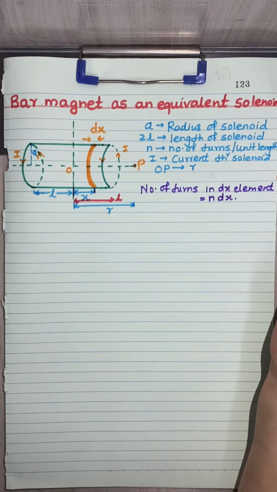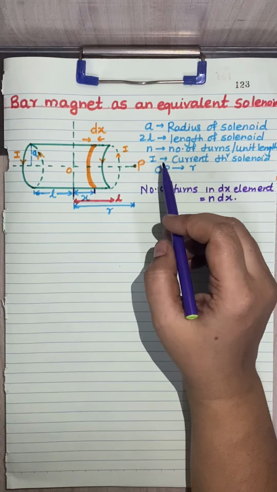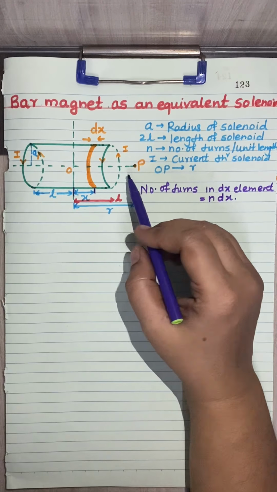Now first of all we want to understand the field at P due to the current element, how much field is produced, and this expression we have studied in the previous chapter.